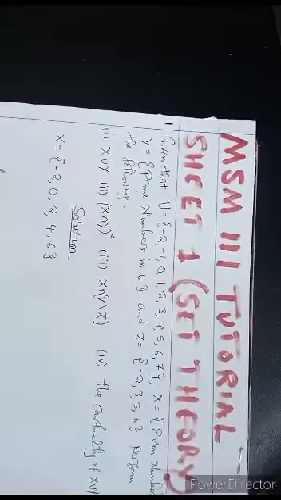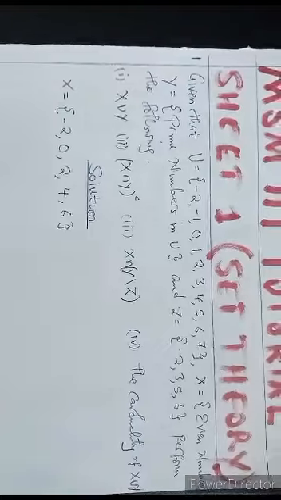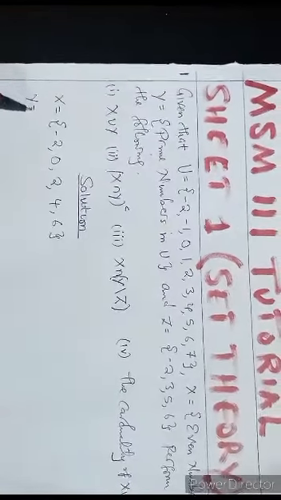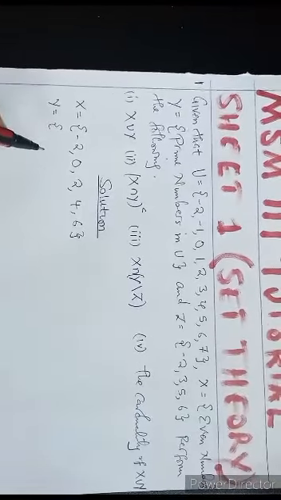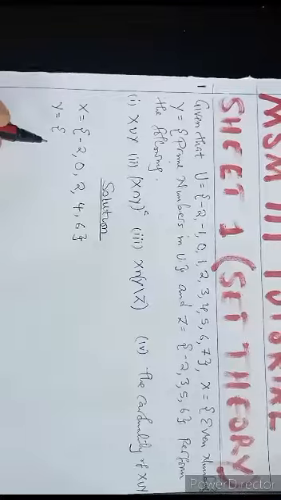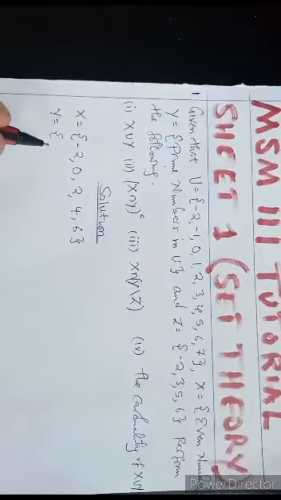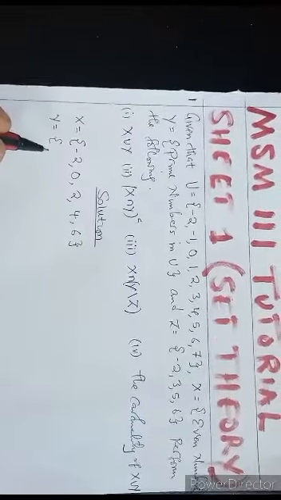Okay, so this is our set X, and then we have set Y. Y is a set of prime numbers. So what are prime numbers? Prime numbers are numbers greater than 1 which cannot be divided by 2 without leaving a remainder.